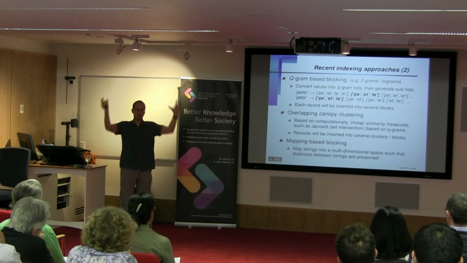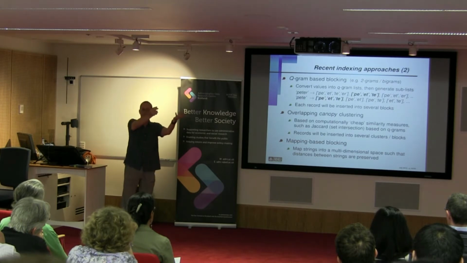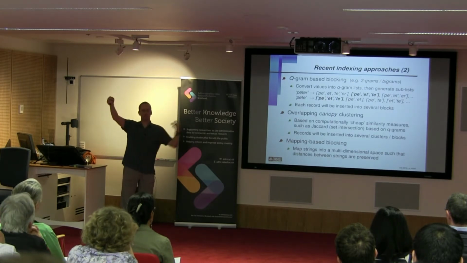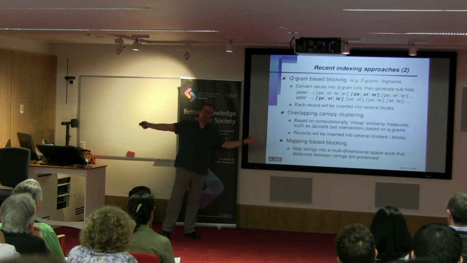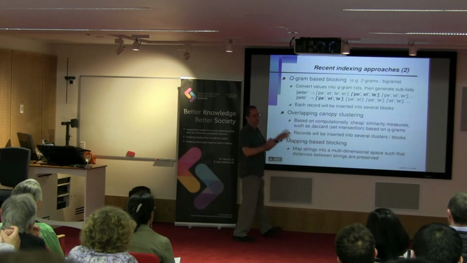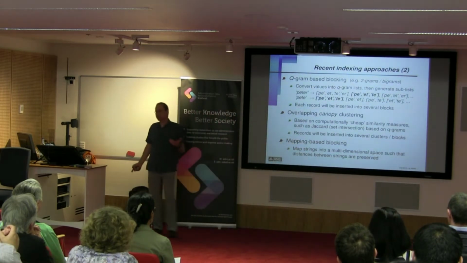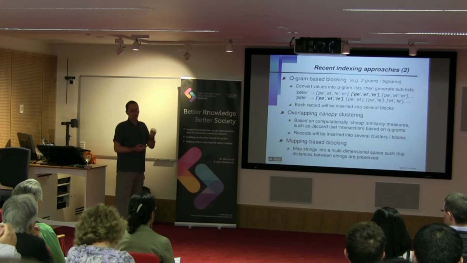So in a way, let's say we have a 3-dimensional space, so we have a point here and a point here. They're close to each other. They're going to be put in the same block. A point here and a point there, they're different because maybe they have different names and addresses, so they're not going to be put into the same block. These are techniques which are used in web search and in databases to provide fast access and things like that. They work very well.